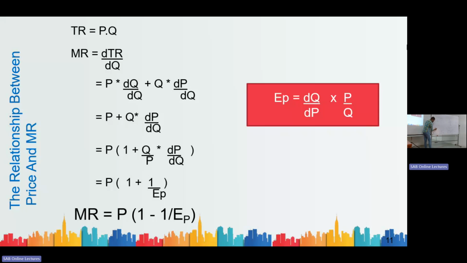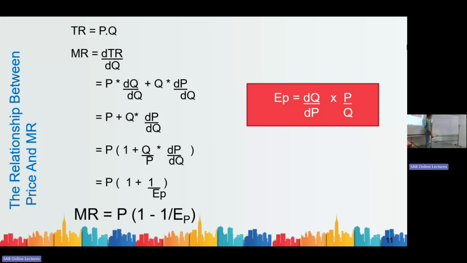At the same time, total revenue increases. Over the range where demand is price elastic, total revenue increases as a consequence of the reduction in price.